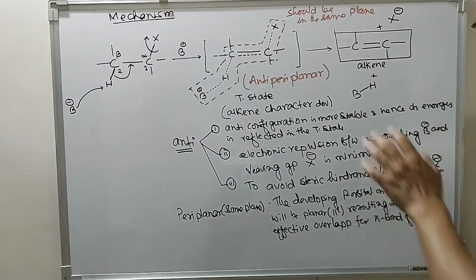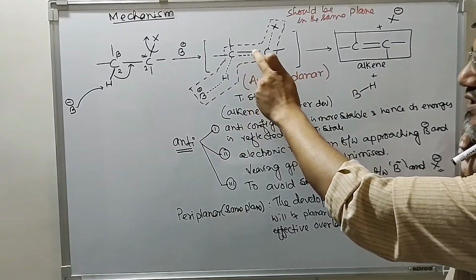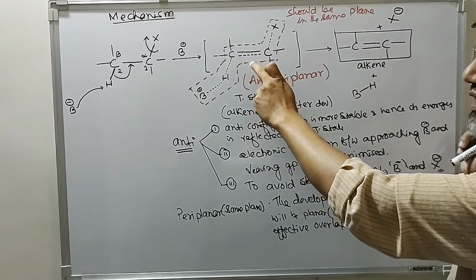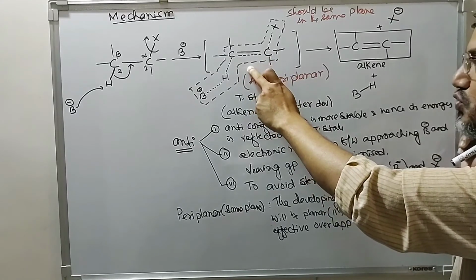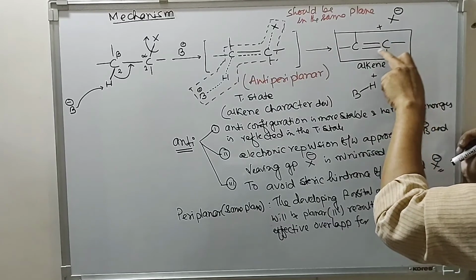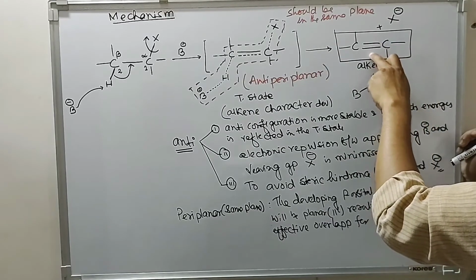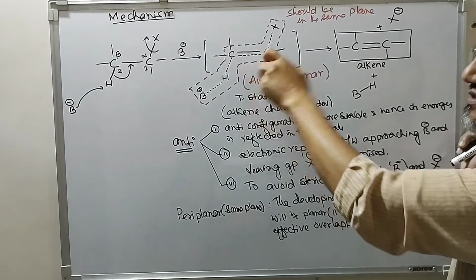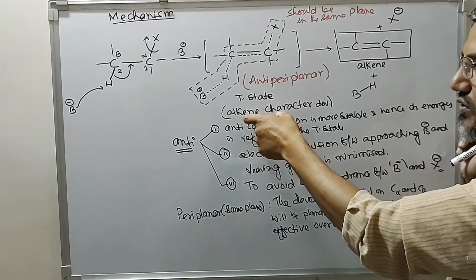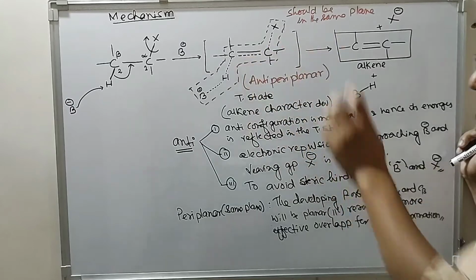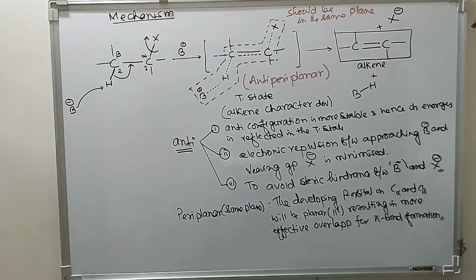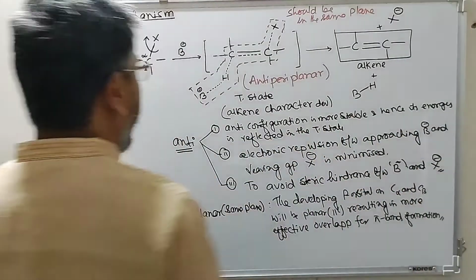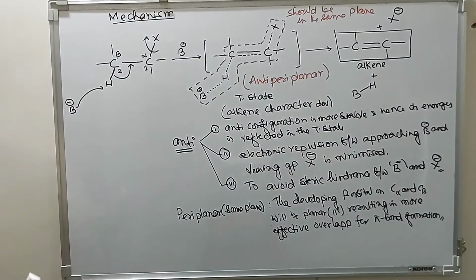The reason being, transition state already acquires alkene character. So those factors which help in stabilization of alkene will also stabilize the transition state, because of the developing alkene character in the transition state. So this is anti-periplanar configuration.